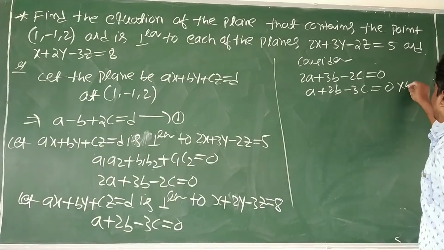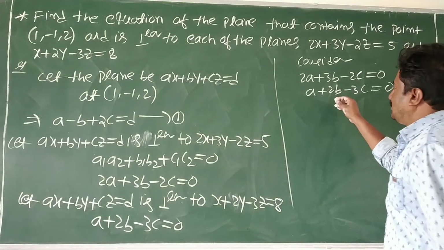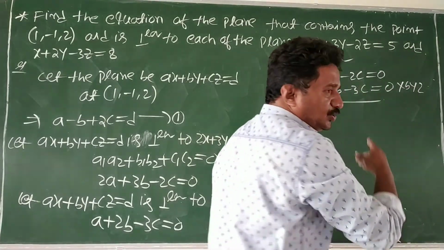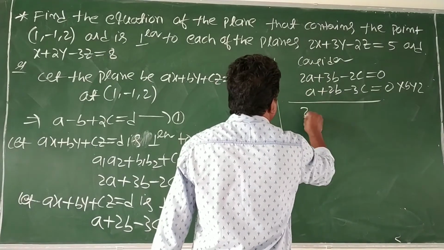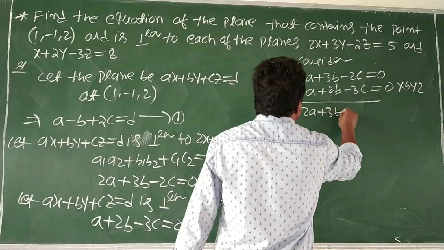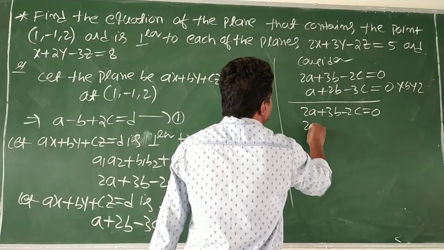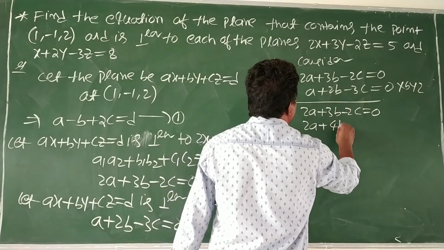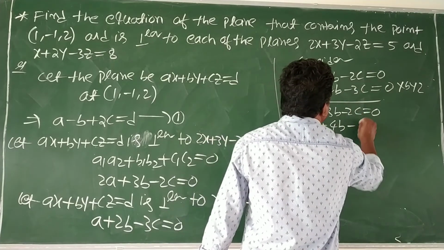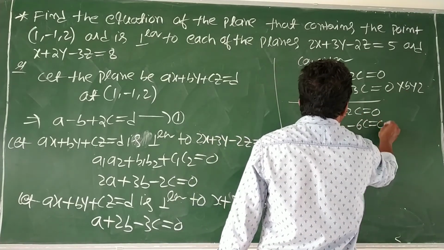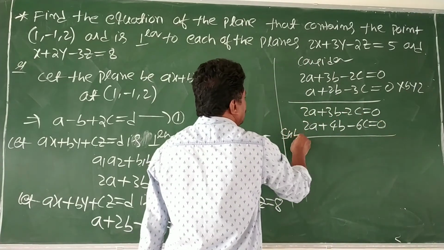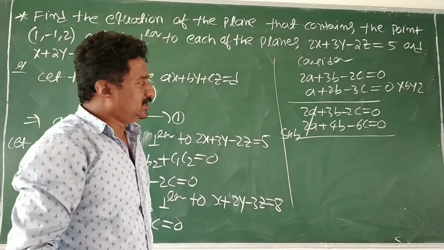Multiply the second equation by 2. So 2a plus 3b minus 2c equals 0, and 2a plus 4b minus 6c equals 0.